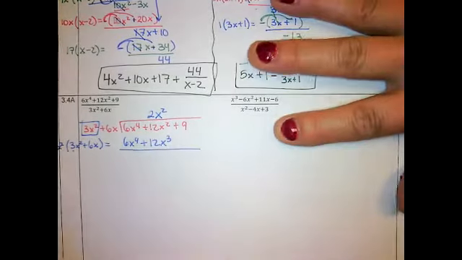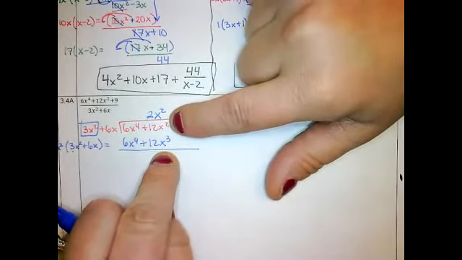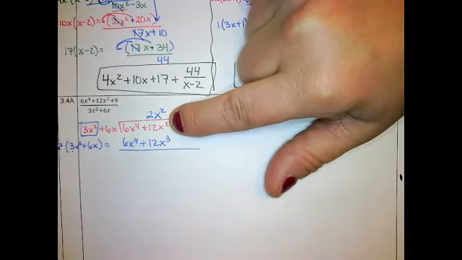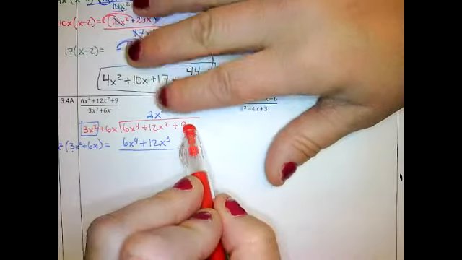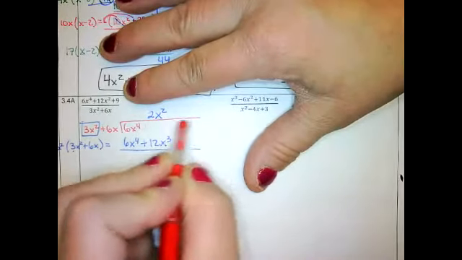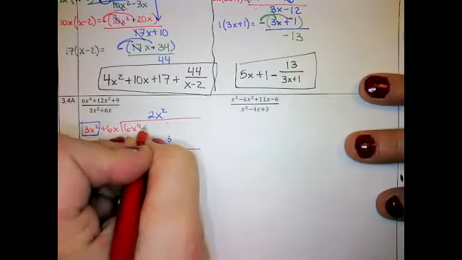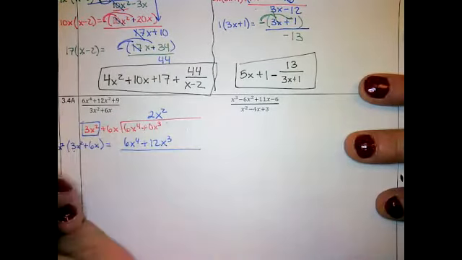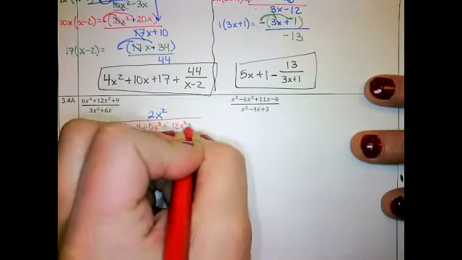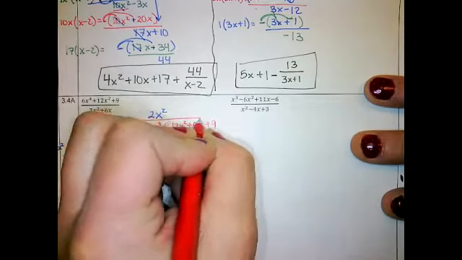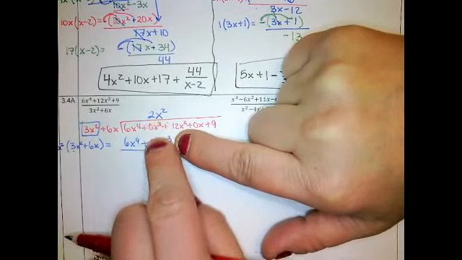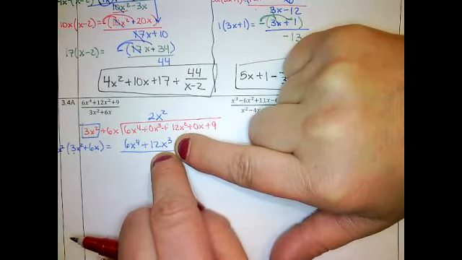Okay. Now, there's a problem here. There's a squared and there's a third. So it's okay for you not to put anything in here if these are missing terms. But if you do put them in, so if you do put a 0x to the 3rd for a placeholder, and then you do your other terms, then if you have something like this pop up, you're easily able to combine those like terms.